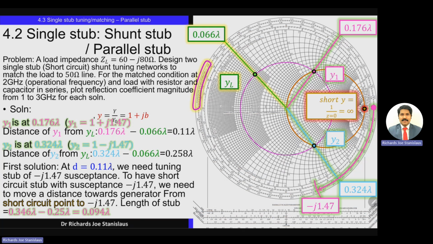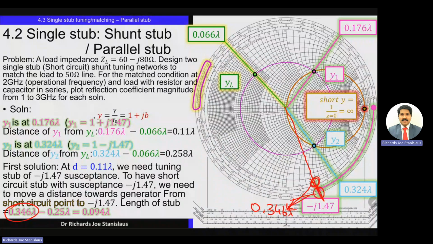So minus j 1.47 is located at 0.346 lambda, right? So this point is located at around 0.346 lambda. When you extend it outwards, connect this center and this point, extend it outwards. So where it passes through, that is going to be 0.346 lambda. Now that is the final point.